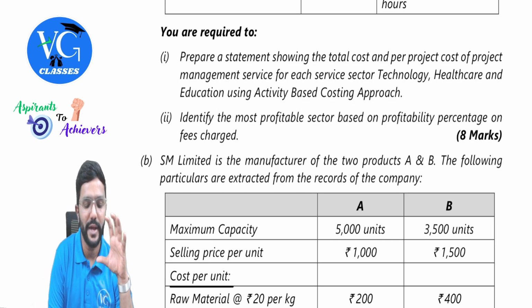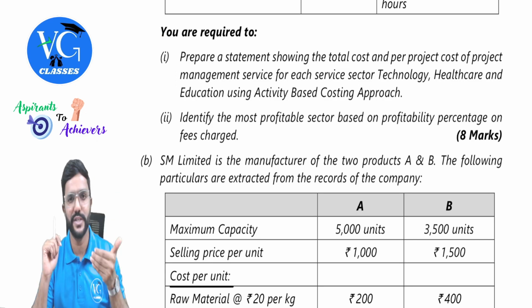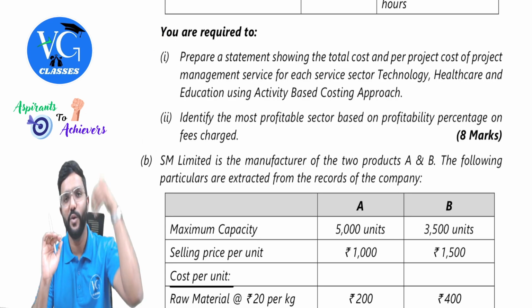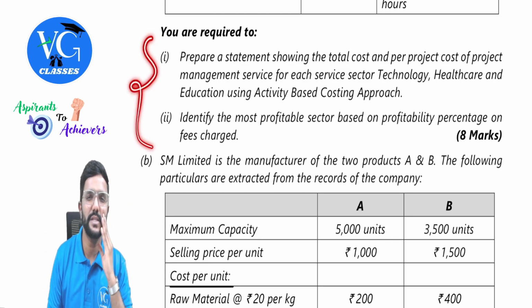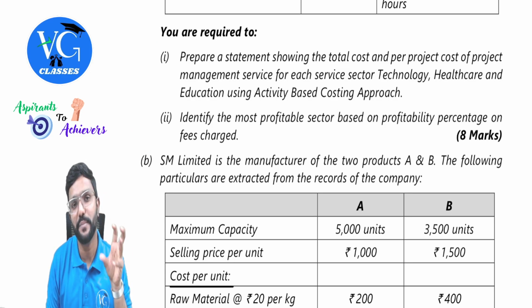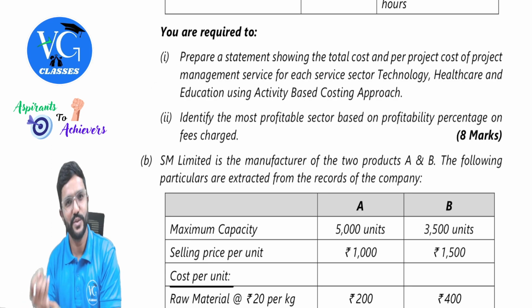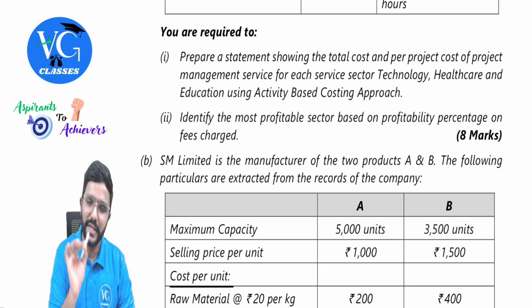Guys, see, requirement we would have read twice. One is before reading the data. Whenever the question is lengthy, I would suggest the student to read the requirement first, then go and read the data. And after reading data, once again you read the requirement, because sometimes students might misinterpret this. They would have asked something and the student would have done something. It's okay, I know you will spend a little more time reading it again, but please, it's okay.